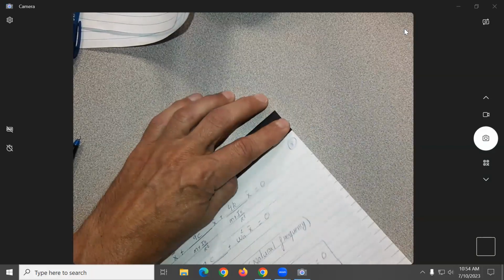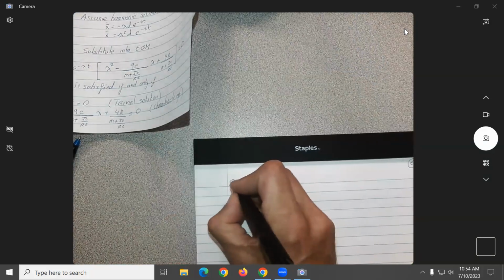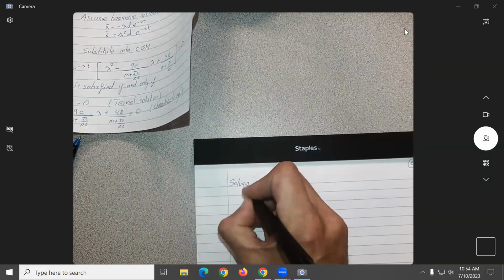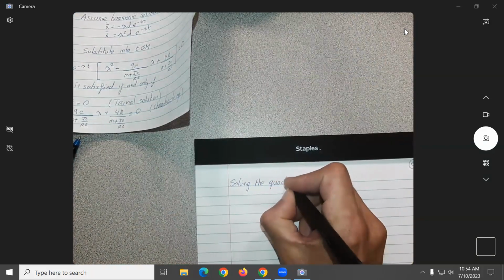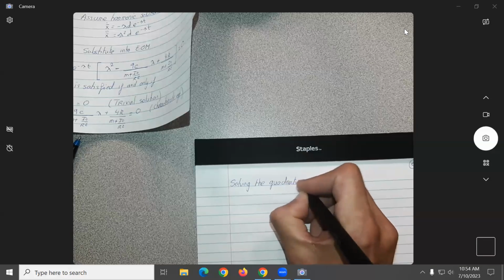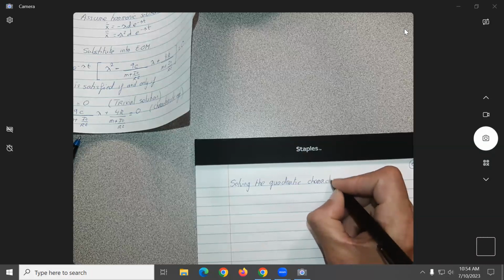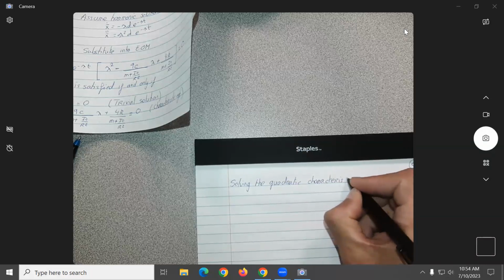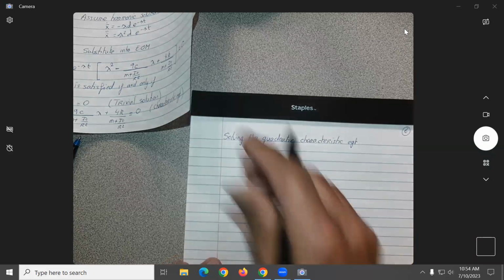So that's why starting to substitute values would be good. But solving the quadratic characteristic equation.